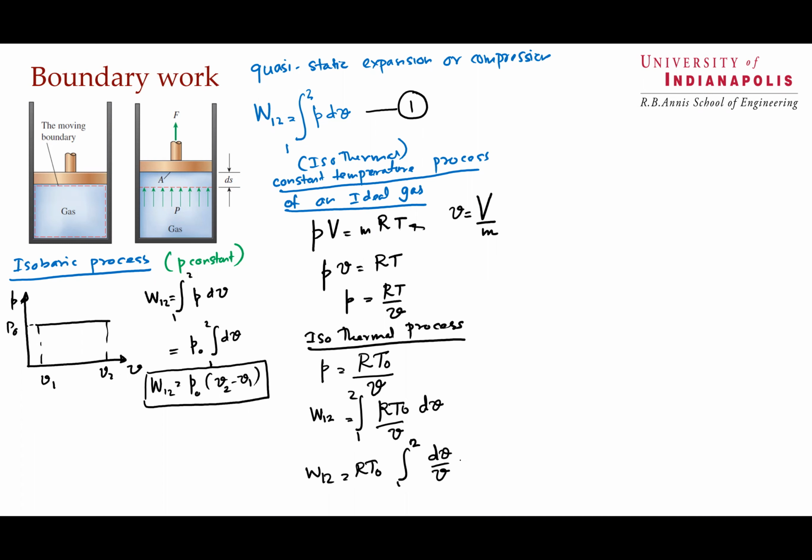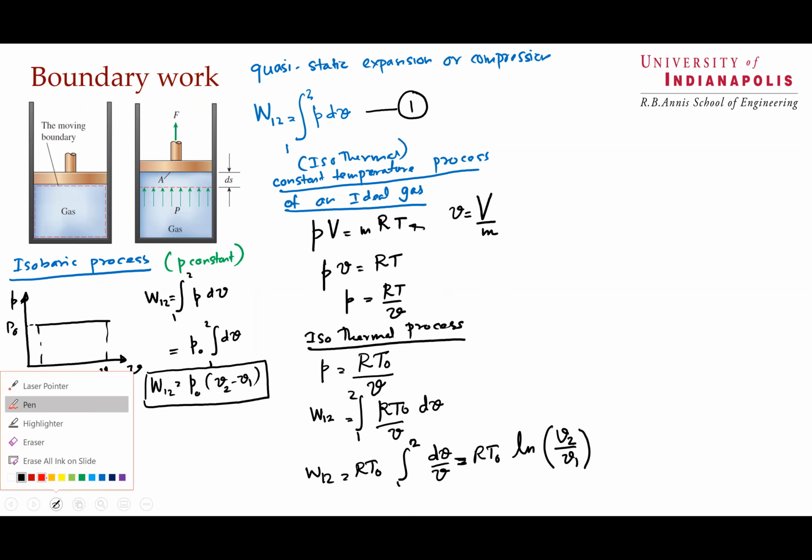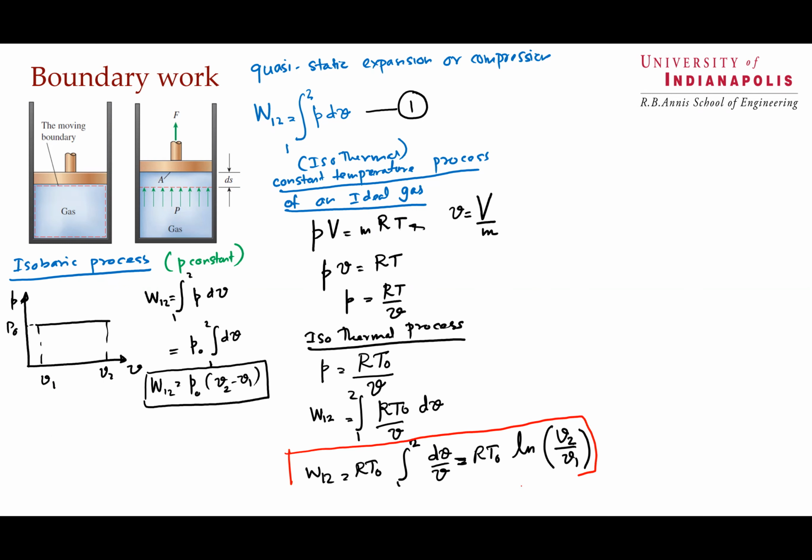So this can be written as RT naught natural log of v2 over v1. So that's our equation for isothermal process of an ideal gas.